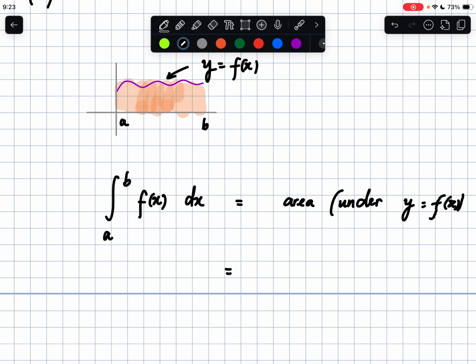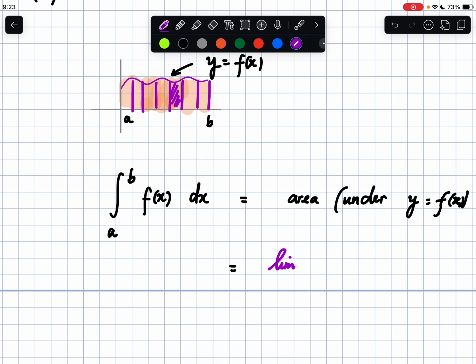And we can write this as the limit of the sum of the rectangles. If we cut this region into small thin rectangles, and we take the summation of each rectangle, the limit of the summation of the area of each rectangle.